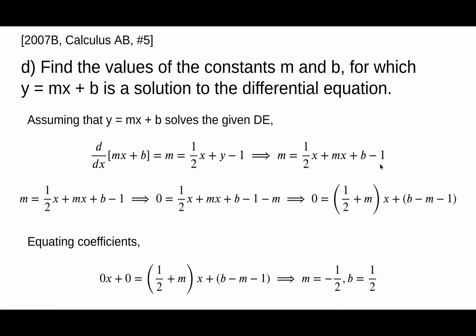If I do that, then the equation (1/2 plus m) times x plus (b minus m minus 1) equals 0 can be solved by equating the coefficients. 1/2 plus m has to equal 0, which means m is equal to negative 1/2. And then b minus m minus 1 has to equal 0, which means that b is equal to 1/2. We can substitute our newfound value of m into that second part, which will help us solve for b. So the values of m and b that we are looking for are negative 1/2 and positive 1/2, respectively.